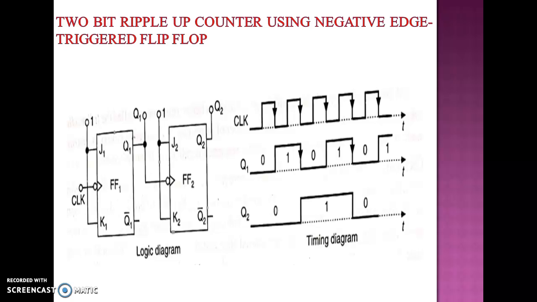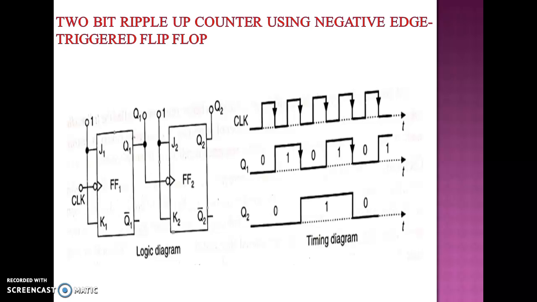So, flip-flop 2 is not affected and hence the state of the counter after one clock pulse is Q1 equal to 1 and Q2 equal to 0. That means 0, 1.